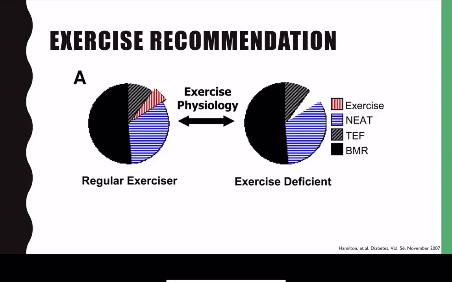Because of all this great stuff that exercise gives us in our overall health, as well as human performance, basically the study of people who exercise compared to people who don't exercise is the study of exercise physiology. What do people who have regular exercise look like and have in their health profile compared to those who are deficient in exercise?